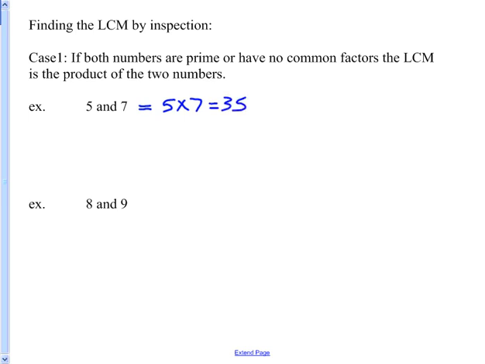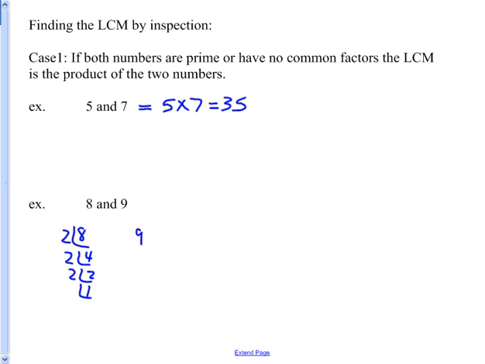The second case is when the numbers aren't necessarily prime. So if we look at the second example, neither 8 nor 9 are prime, since 8 is 2 times 4 and 9 is 3 times 3. But if we think about the factors of 8, remember 2 goes into 8 4 times, but 2 goes into 4 twice, and of course 2 goes into 2 once. So the factors of 8 are 2, 2, and 2.